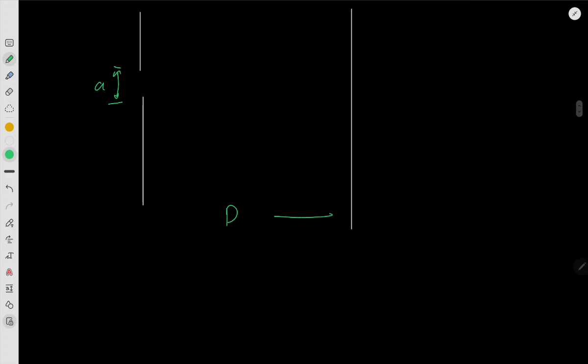We'll not go into depth of it because the explanation is actually much longer, and the conditions are very simple to remember. They are just like YDSE but flipped, as we studied in the thin film and like that things. So A and D, this is our screen, and here is our light source.